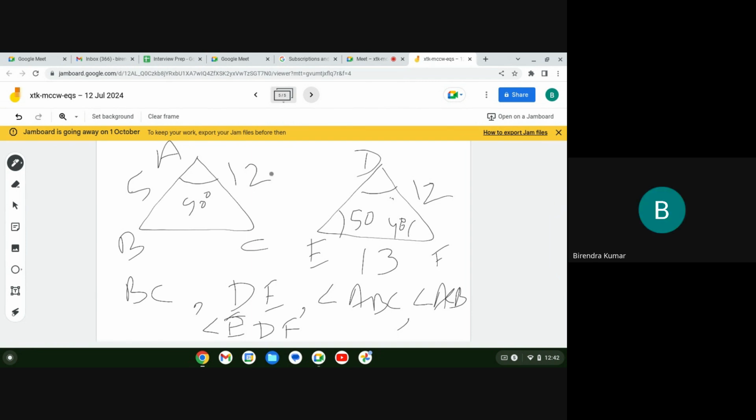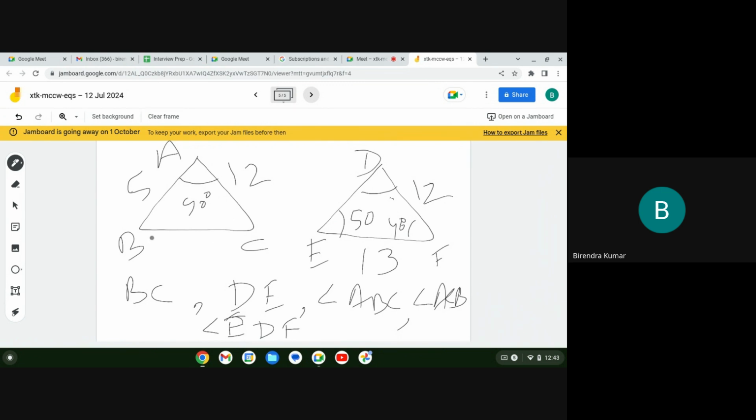So there are two triangles. In triangle ABC, side AB is 5 centimeters and AC is 12 centimeters, and the angle between them is 90 degrees. The second triangle is DEF, where this angle is 50 degrees and this angle is 40 degrees, and the side is 12 centimeters, and the third side is 13 centimeters.